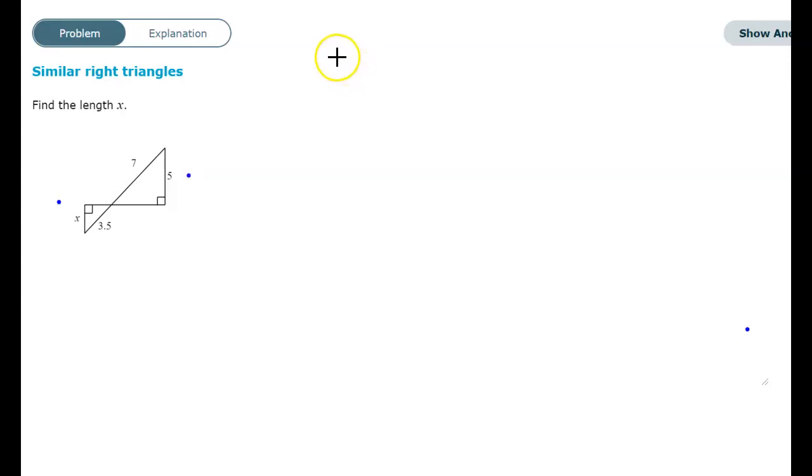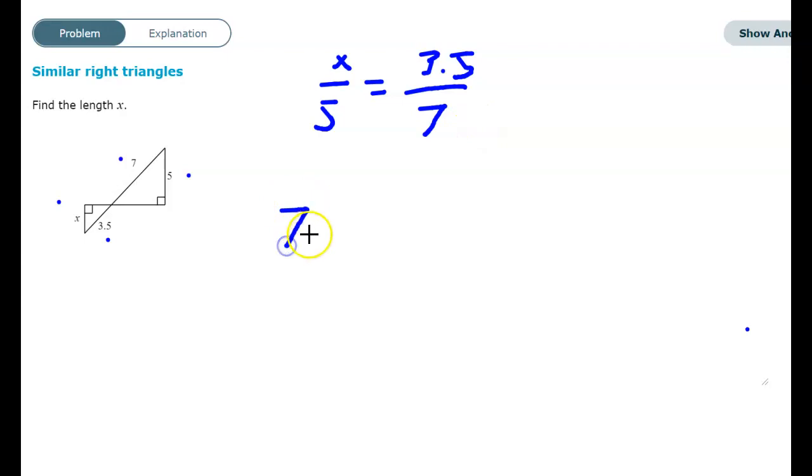So one way I could do this problem is I could just say x over 5 is equal to, now I did x over 5, so I'm going to do 3.5 over 7. And we're just going to go ahead and cross multiply. So I will do 7 times x, and that's going to give me 7x.